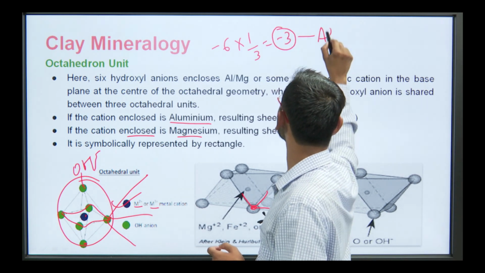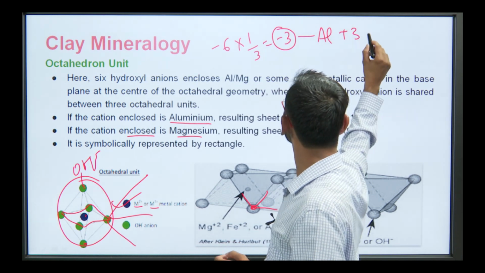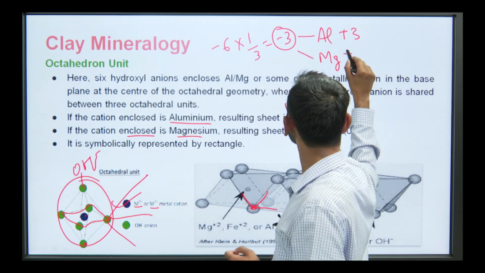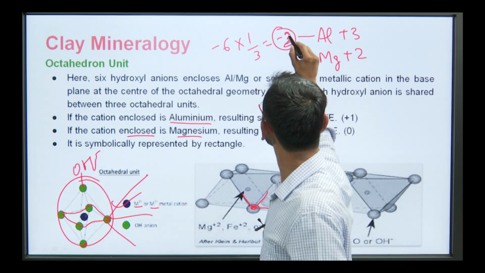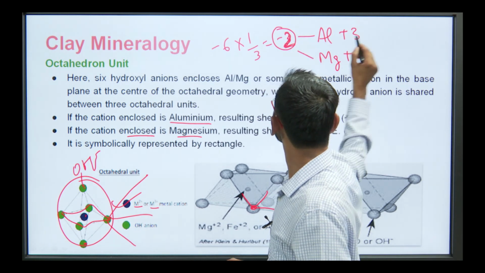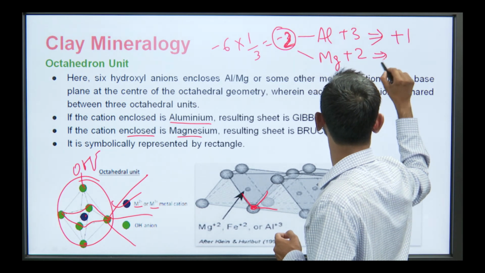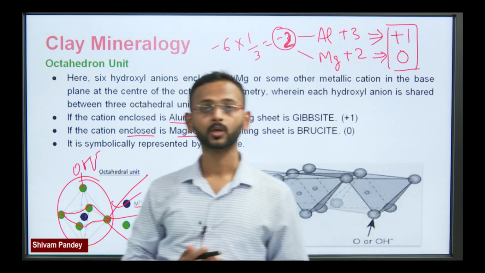If there is aluminium, that will be plus 3, and when there is magnesium, there will be plus 2 charge. So, it will be this one minus 2. So, the resultant charge will be minus 2 and this plus 1. For magnesium it will be 0. So, these are the resultant charges.